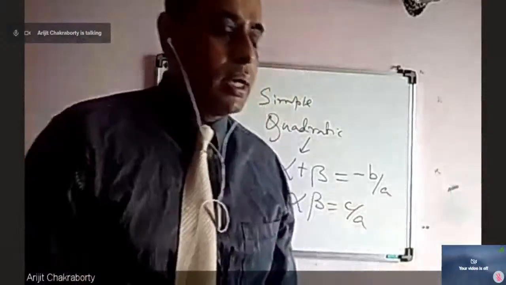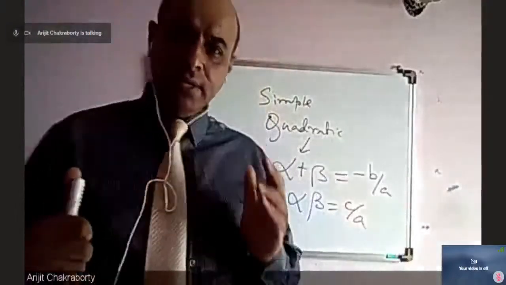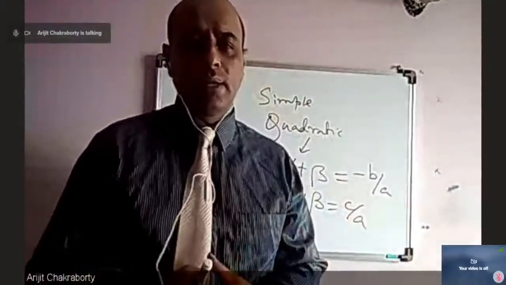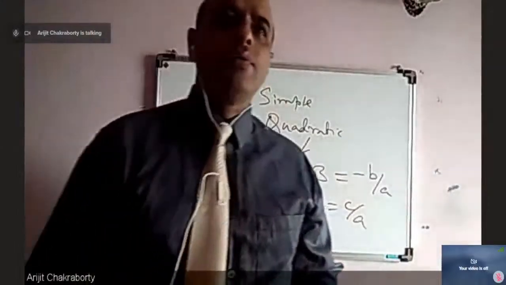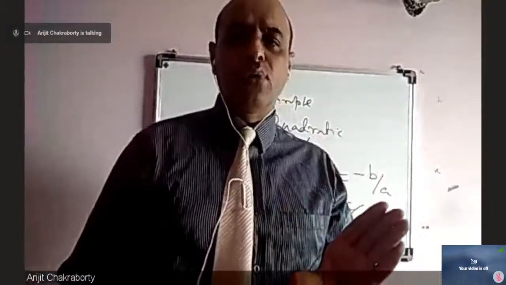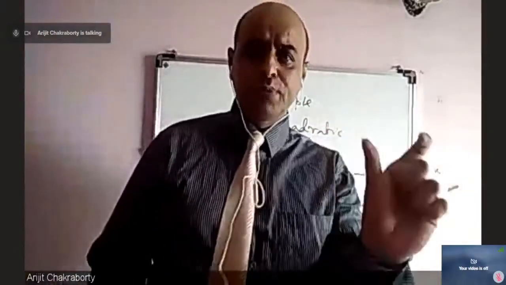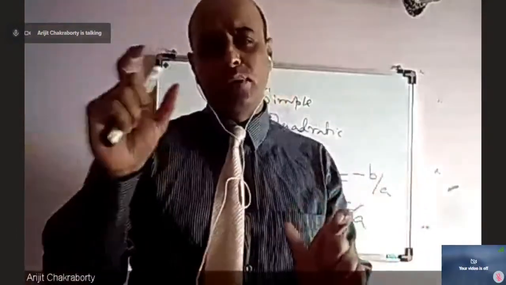And of course, some of you were asking about the difference between equation and identity. Now please remember, the last day I had explained that an equation holds good only for one value of x. That is why we have something on the left-hand side and something on the right-hand side.